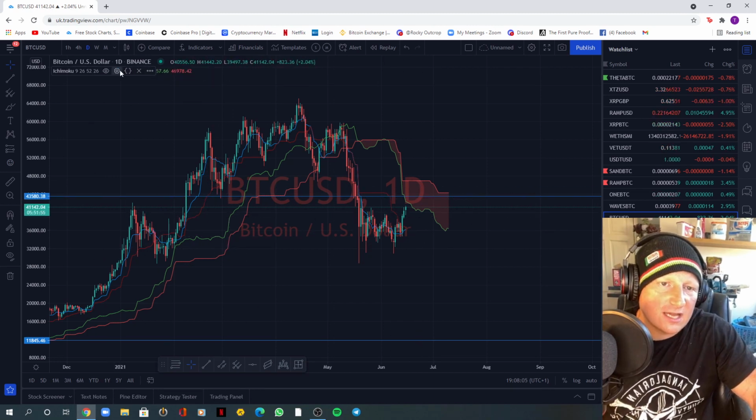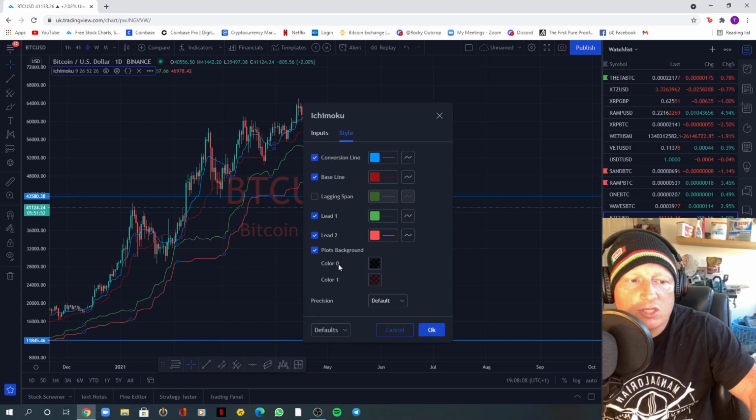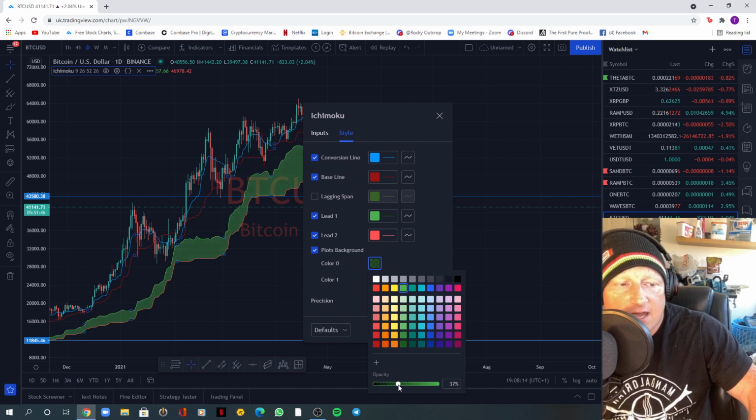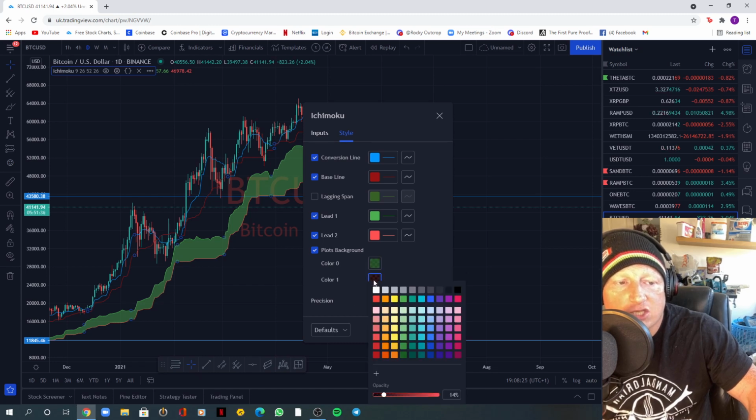So go into your settings, go to your opacity, and make it less opaque so it's darker. Let's go 45%, and we'll do the same for the red background, moving that to 45% as well.